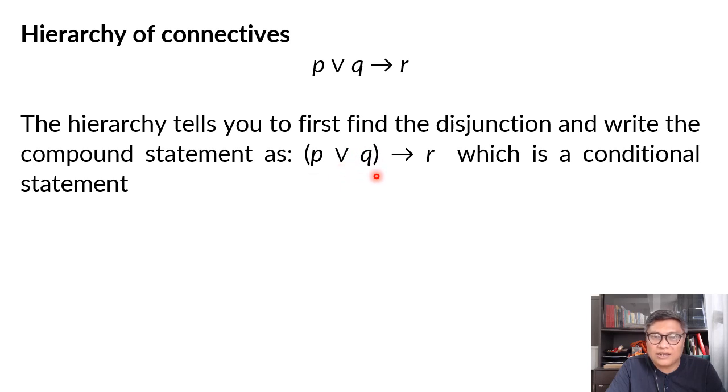So meaning we are going to simplify first the statement P or Q, then whatever is the result, the next now is to simplify the result of your P or Q with that of your R using now the connective if and then, or your conditional. So it's very important, class, if you have your open and close parentheses, because this will tell us which one should be done first.